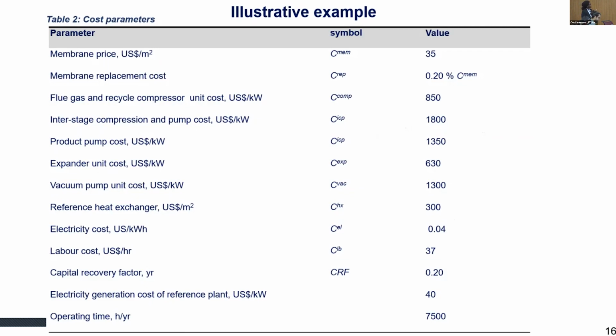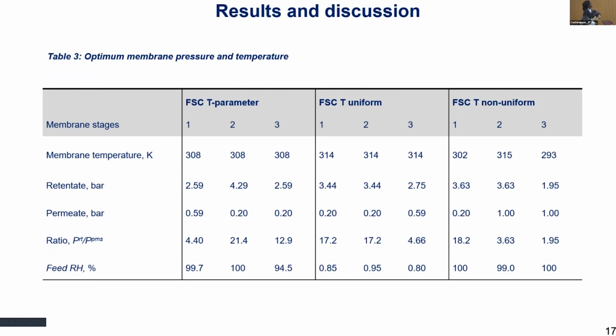For the results and discussion, to analyze how the model performed, we carried out 3 optimization runs based on 3 scenarios. The first scenario was from the previous work where we had temperature as a parameter. In this instance, the membrane operating temperature was assumed to be 388 kelvins.